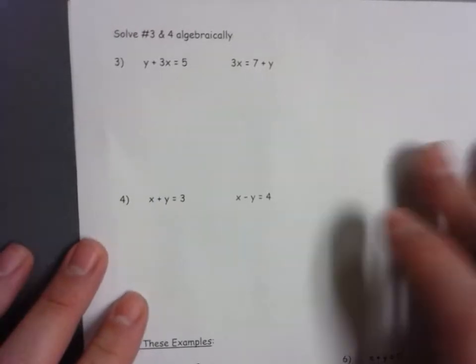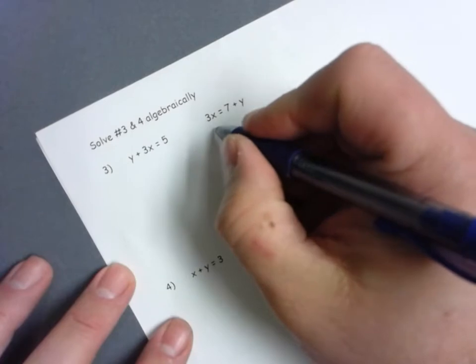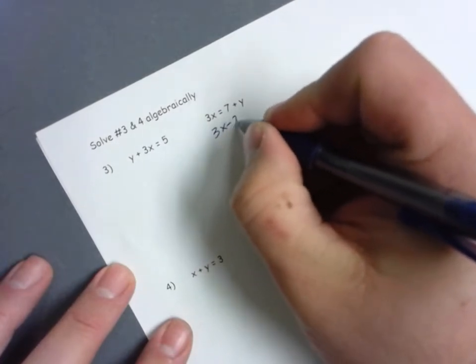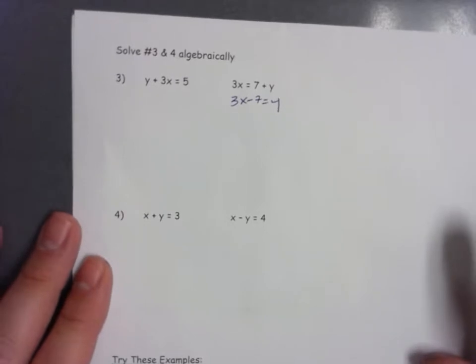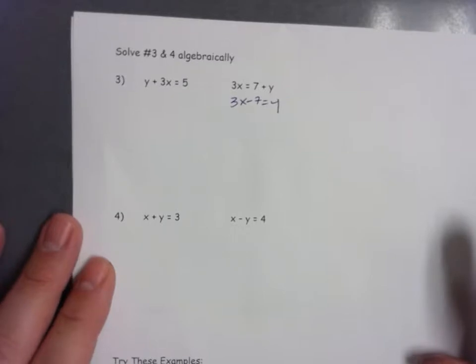What I'm going to do here is move this over, make this 3x minus 7 equals y. I'm going to set them equal to each other. You will find that we use substitution sometimes a little differently when we start dealing with circles and the like, but here we can very easily set them equal to each other.